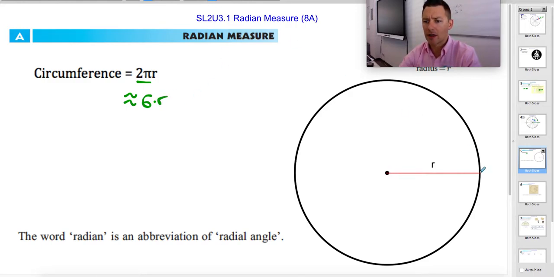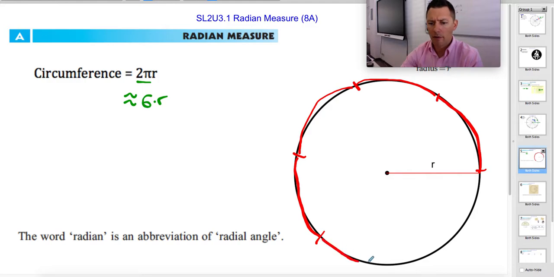So if you took this radius, you'd walk about 1 of them to here, 2 of them to here, 3, 4, 5. Oh, I'm off a little bit. 6. And so you get about 6, right? And I was off because it's about 6 times the radius, and that's just a fundamental property of circles.